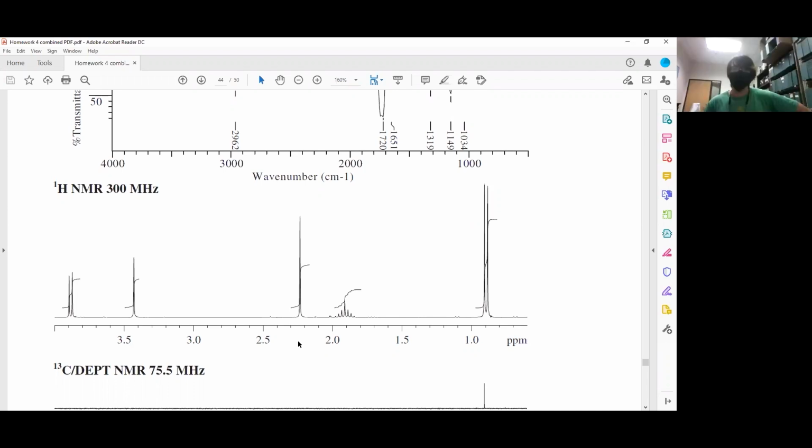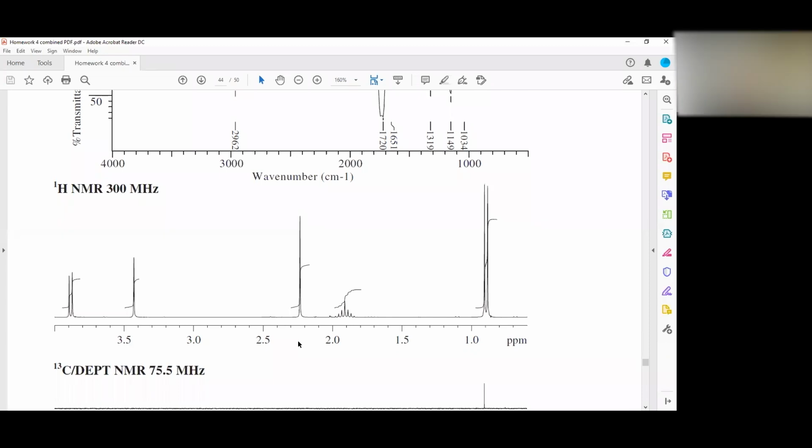So you're right. That is an alpha methyl. Cool. And then I've got 2 more that are further downfield that each integrate for 2, one of which is a doublet, one of which is a singlet. And that was what tripped me up here. That's where I got stuck.